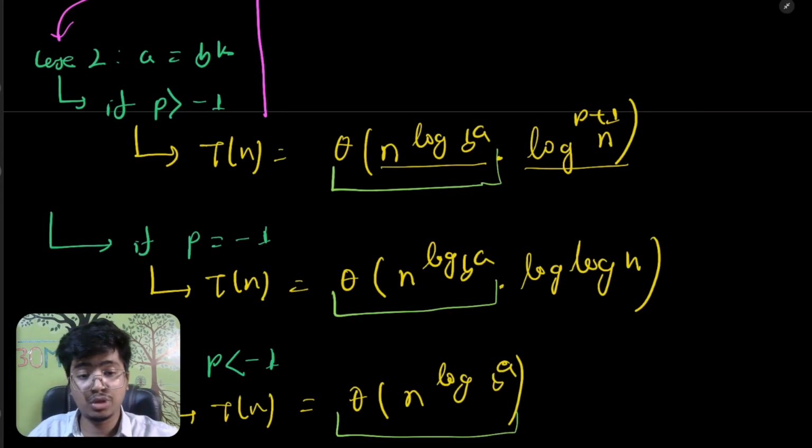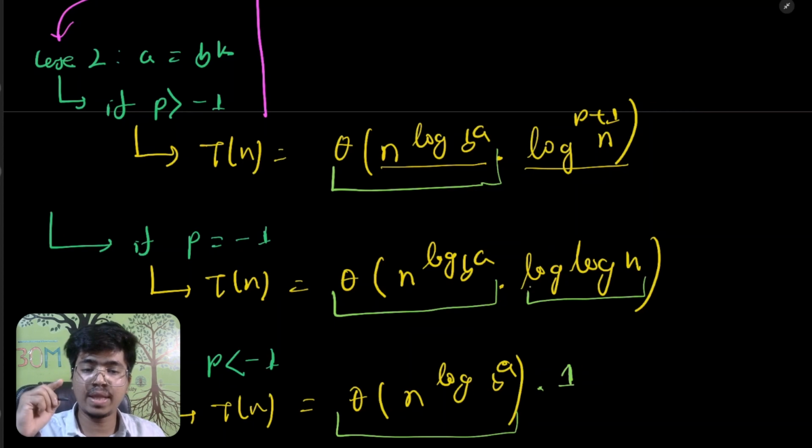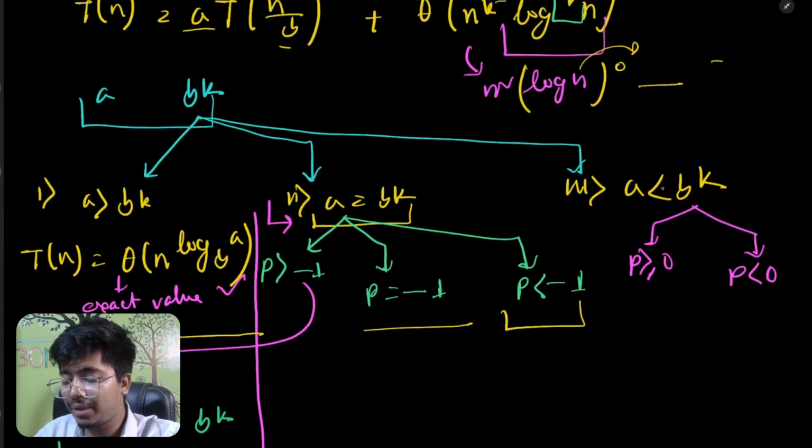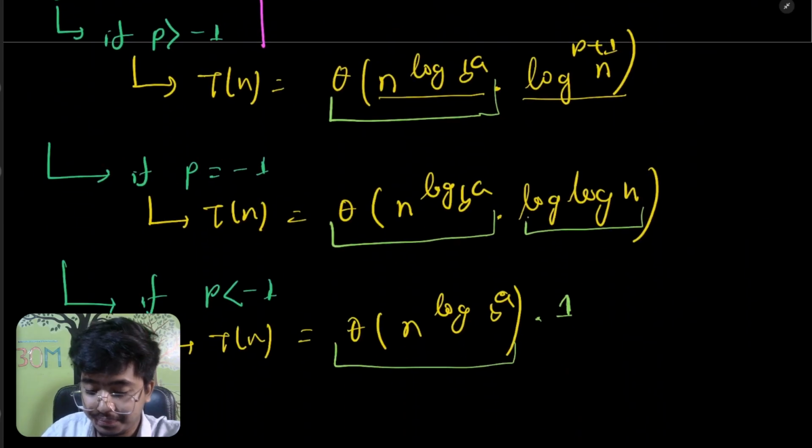When p equals -1, log of log n is multiplied with it, and when p is less than -1, only 1 is multiplied with it. That means this value becomes 1. So this is a helpful portion that we can easily correlate with those equations. Now this is case 2.